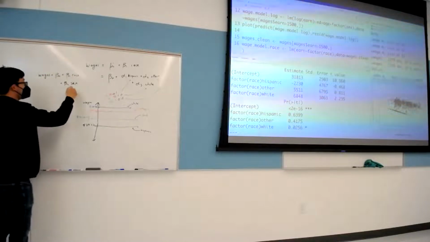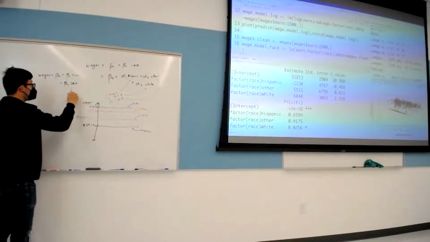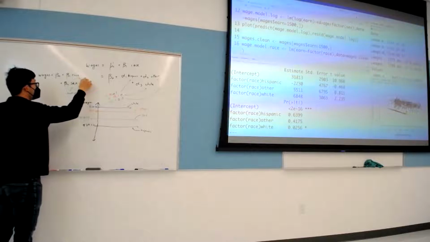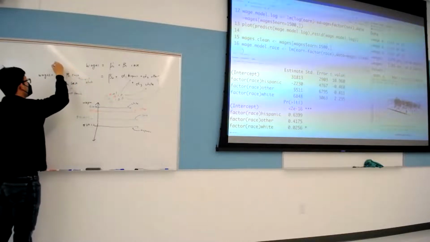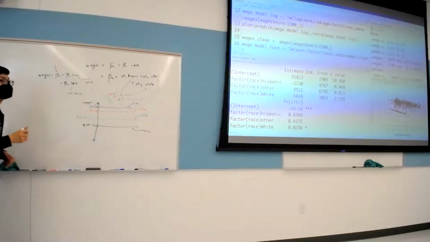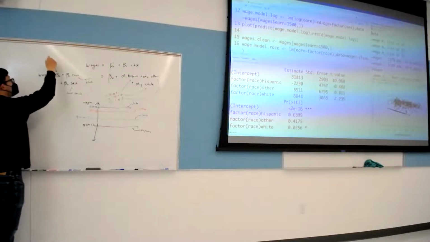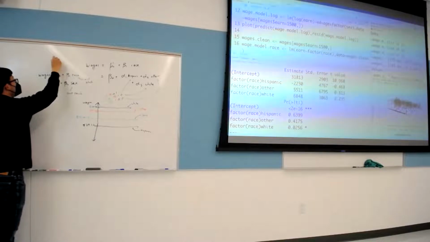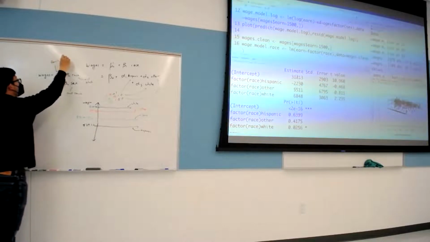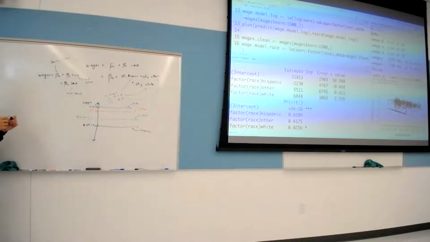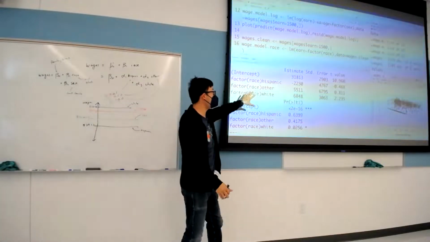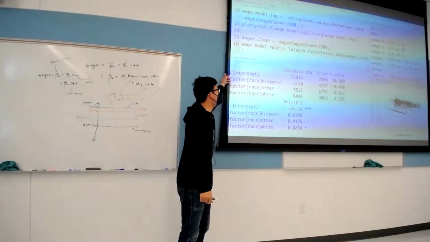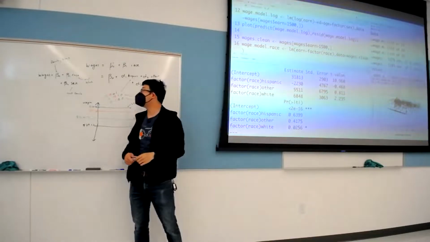If we remember, in sex we omit female, and in race we omit Black. So our base intercept value would be for female, Black. And then all the modifiers of the values that you see in the model will modify your intercept in some way.